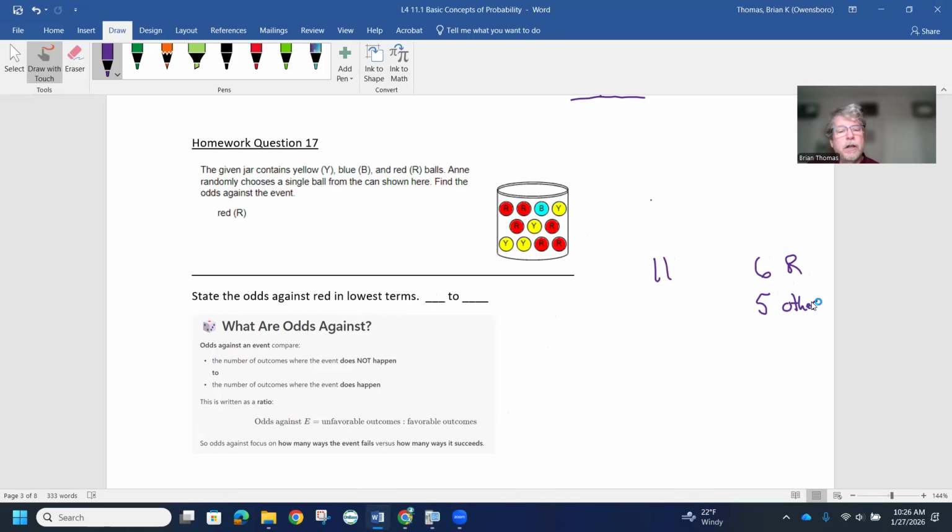So what are the odds against? There's going to be 5 against and 6 in favor. So 5 to 6. And again, it does say reduce. So if I look at that as 5 over 6 as a fraction, it's not reducible. So that is in lowest terms, this 5 to 6.